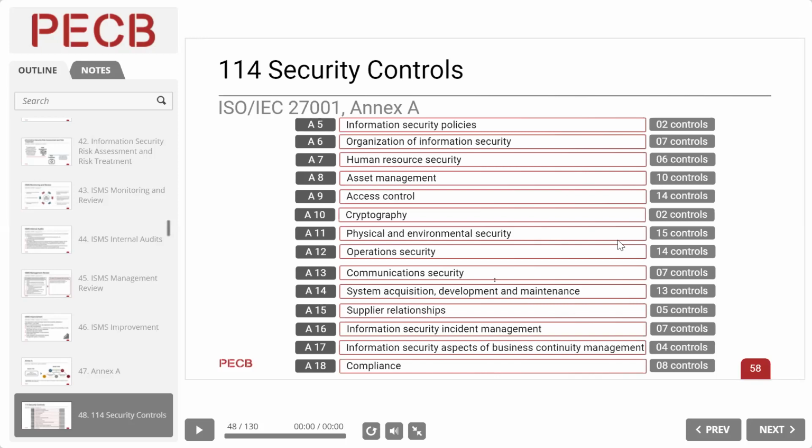Then supplier relationships. It's another new area, relatively new, and it came with the current edition. It focuses on the fact that these days every organization basically has outsourced something.